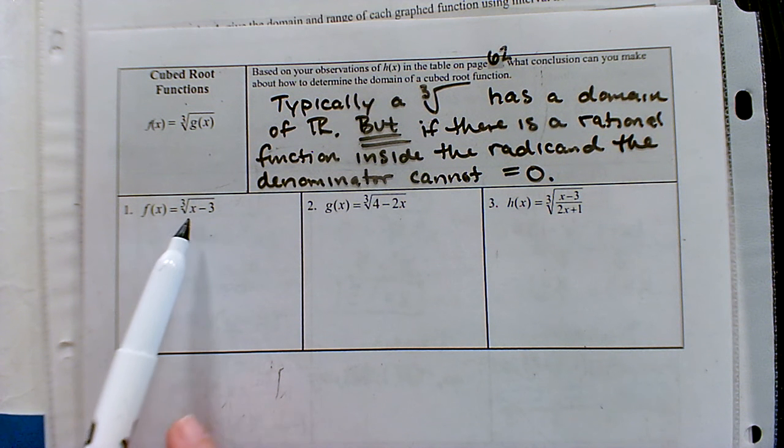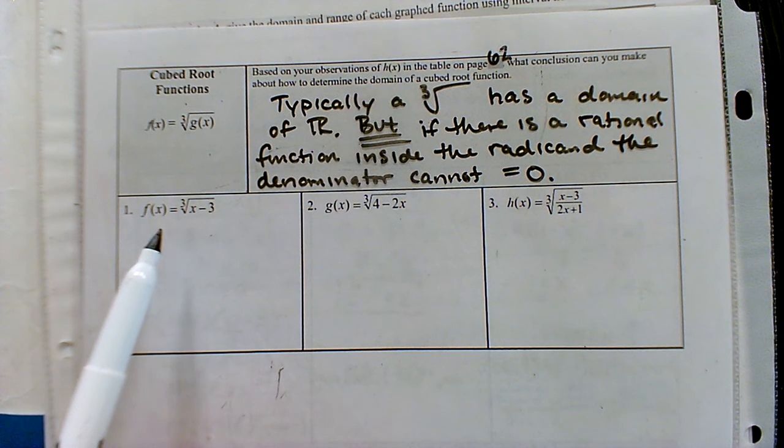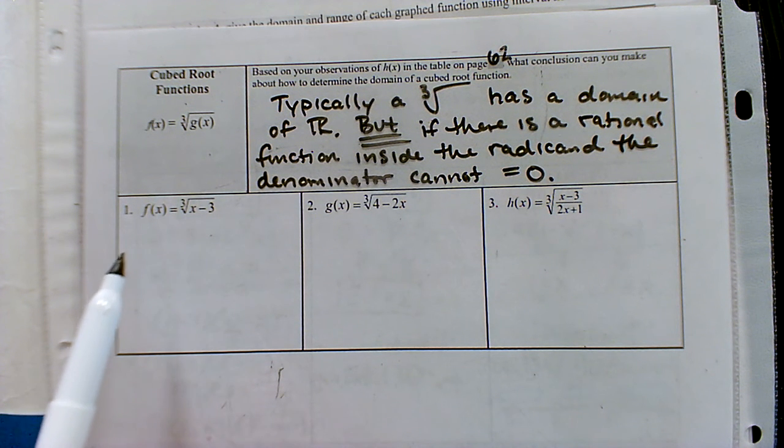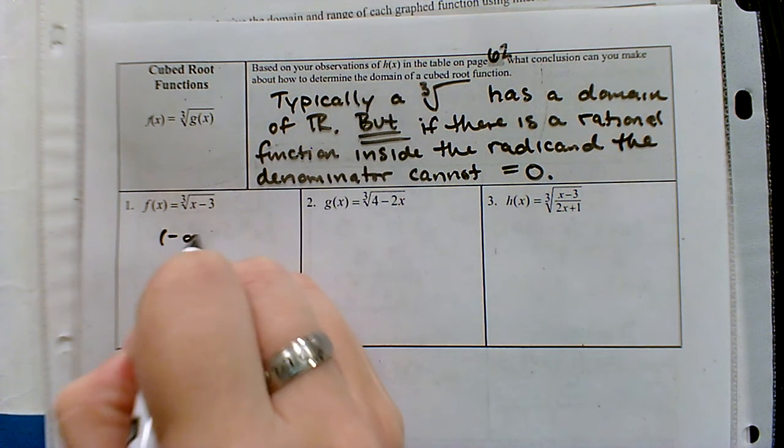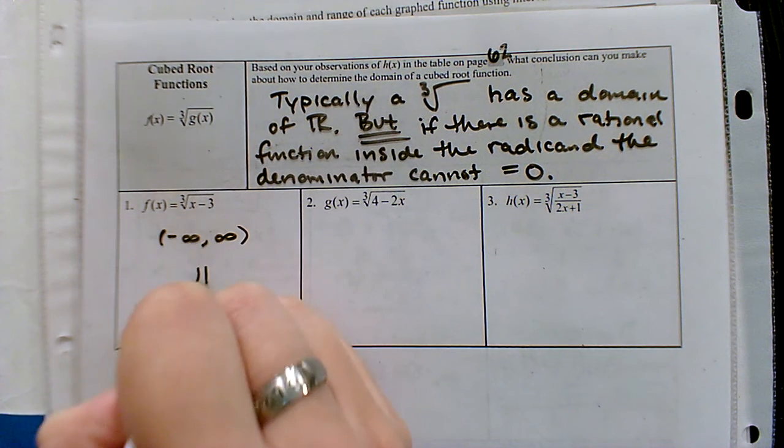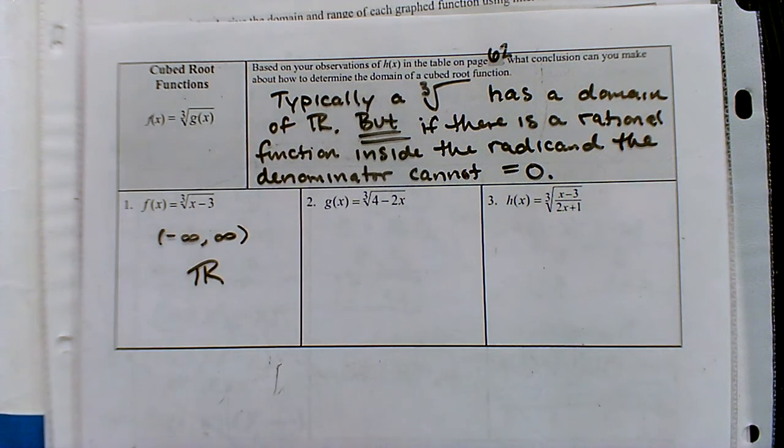So take a look at our first example here. Do we have a rational function inside that radicand? No. So what's the domain going to be? Yeah. Negative infinity to positive infinity, or you can use that double-stemmed R. All real numbers. What about the second one? Do you have any blending going on?